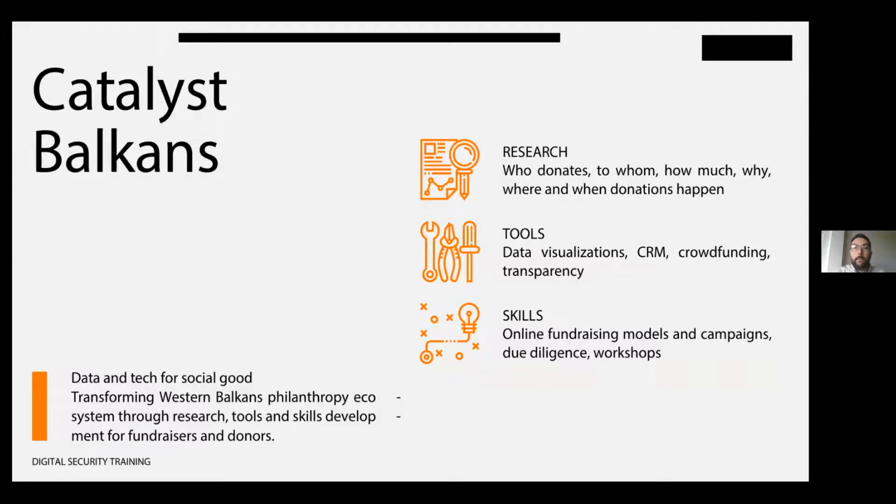Our main method to achieve our ends of increasing philanthropy in the region and bettering the infrastructure is through technology. We gather data about philanthropy. We use tools like constituent relationship management software, and we have several web platforms and web apps that essentially use data and IT technology to increase the capacities of organizations and the whole infrastructure.